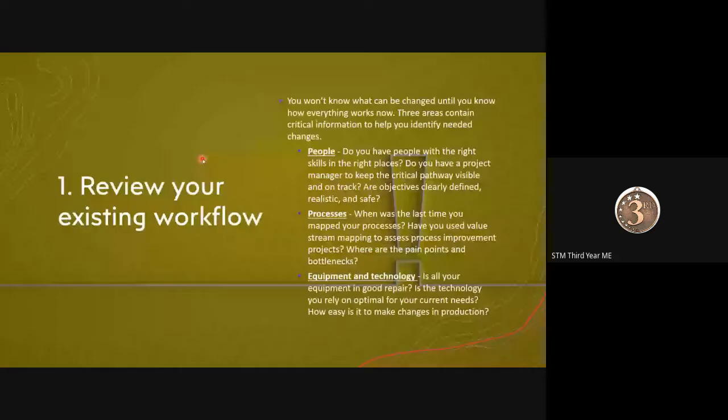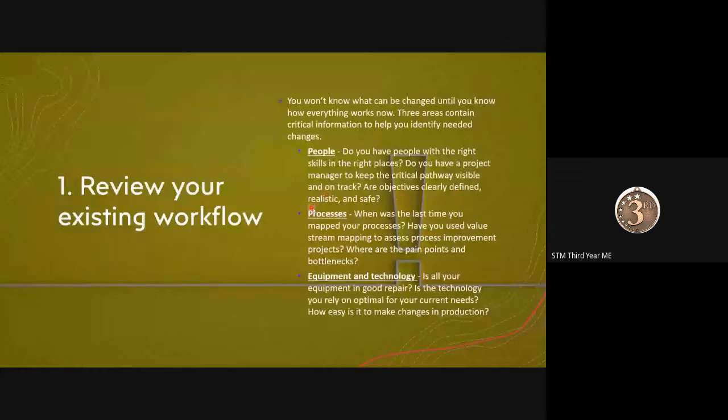So the first one is to review your existing workflow. Workflow is reviewed in 3 categories. First is people, next is processes, next is technology and equipment. Under people, you are checking whether the project is on track, and whether our objectives are clearly defined, realistic and safe.